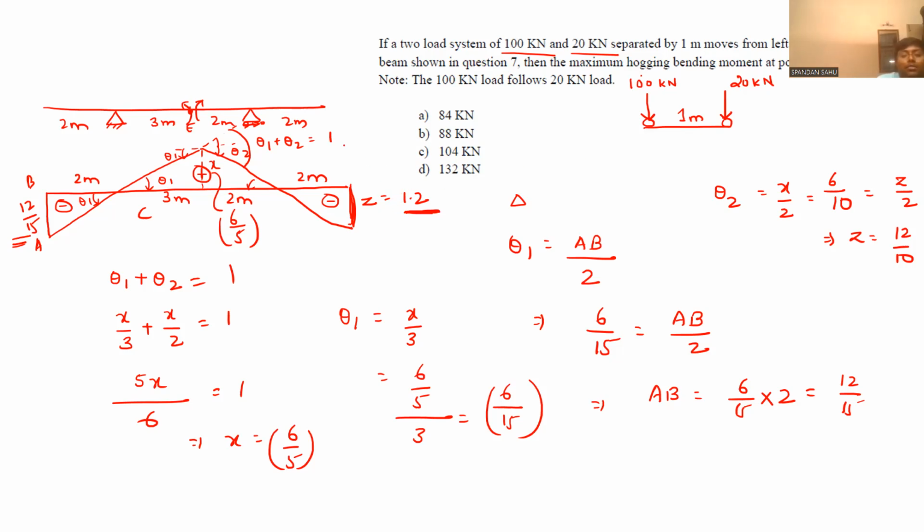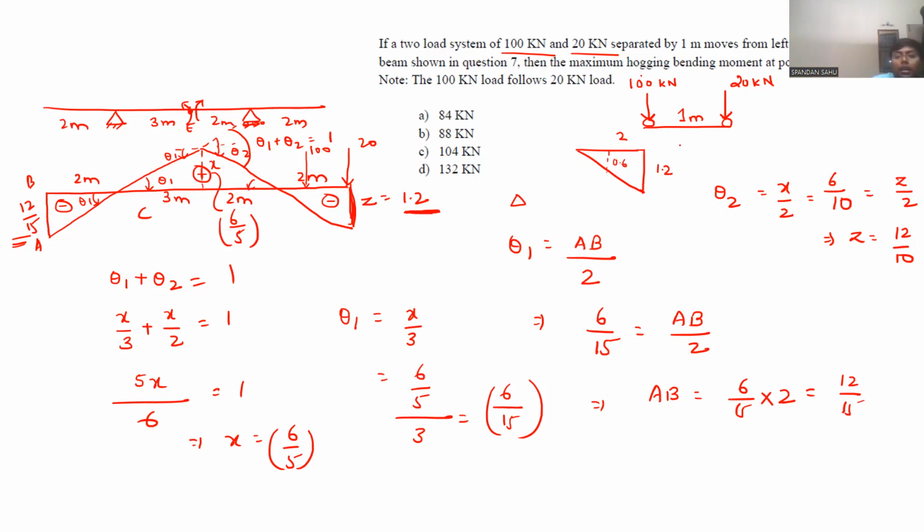So it is better to place the load where the ordinates are maximum to get the maximum hogging bending moment. So let us place 20 kilonewton at this part and after 1 meter 100 kilonewton, and check. So it is like this, 1.2. In 2 meter horizontal distance, the vertical rise is 1.2, so in 1 meter it will be 0.6.